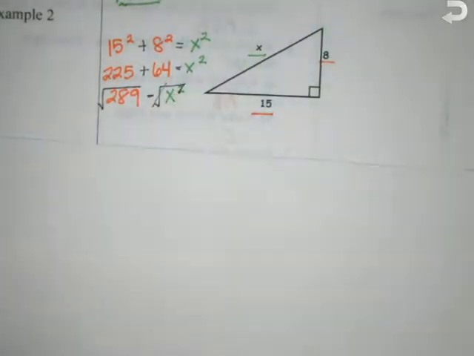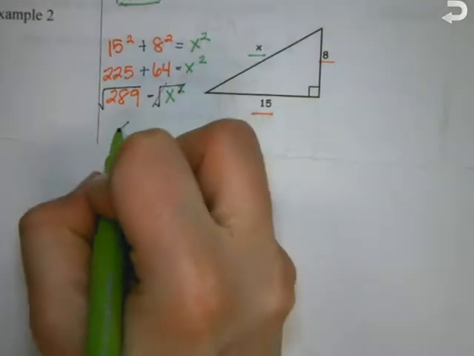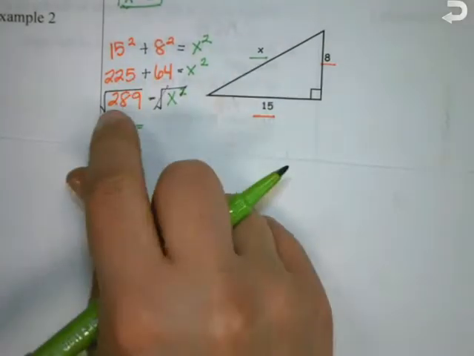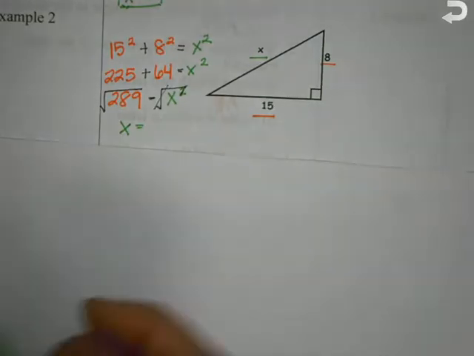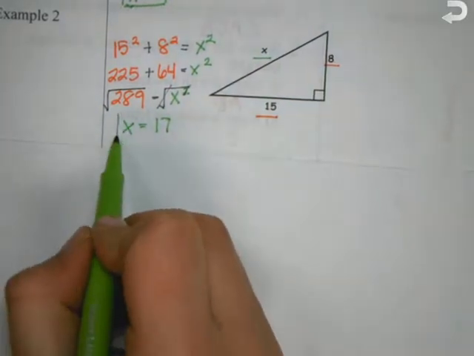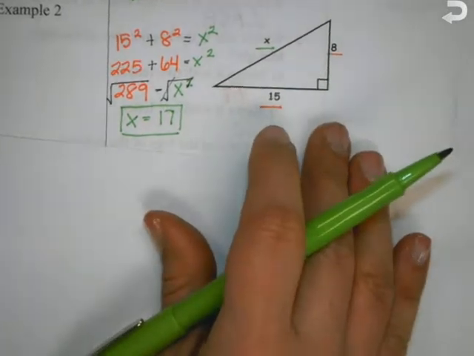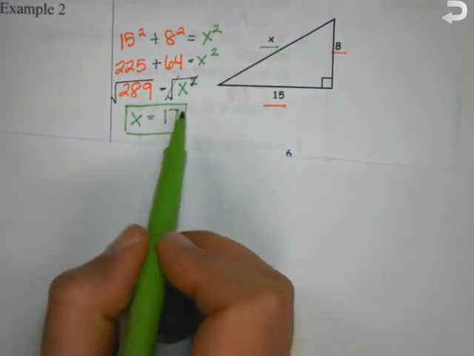So we would get x equals, what is the square root of 289? Does anybody know? Good, 17. Okay, how do we know? 17 times 17 gives me 289. And it's on the chart up there, yeah.